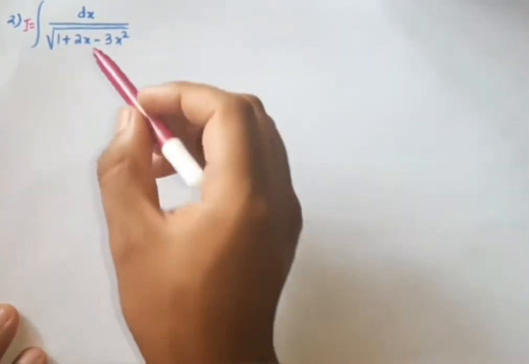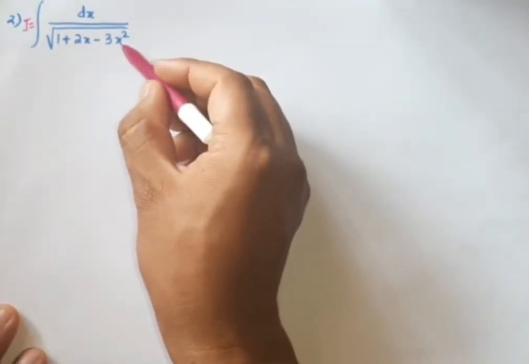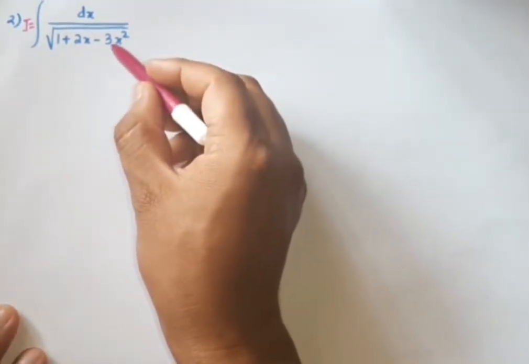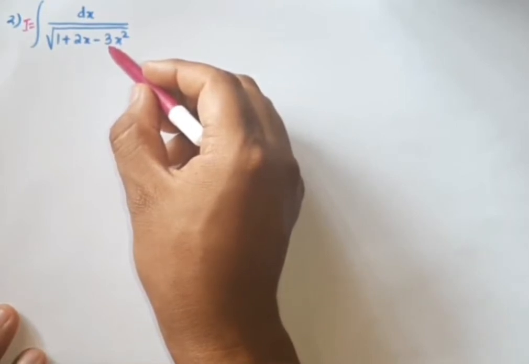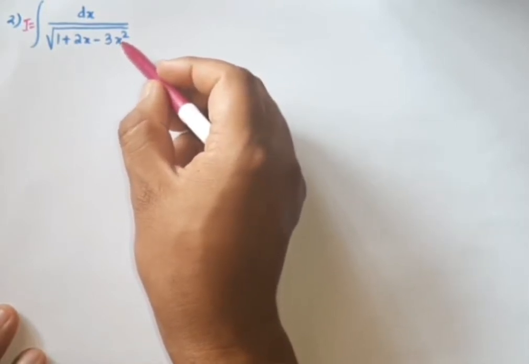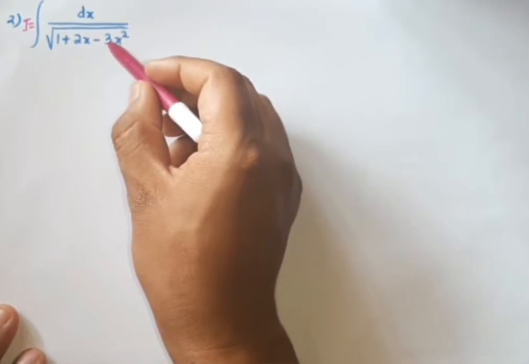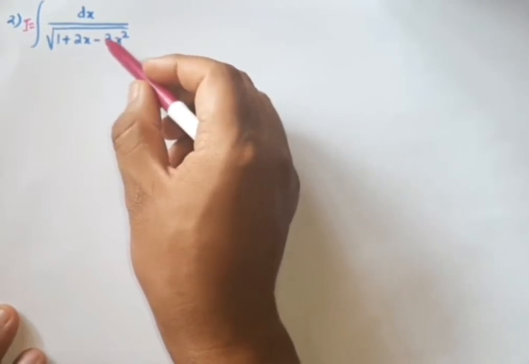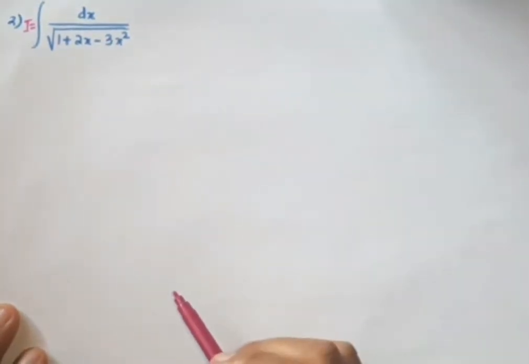Whenever the coefficient of x square is other than 1, for example here it is -3, that has to be taken outside as common, as you can see from the rule. In the rule, a is kept outside and you express the rest as the sum or difference of two perfect squares, right?